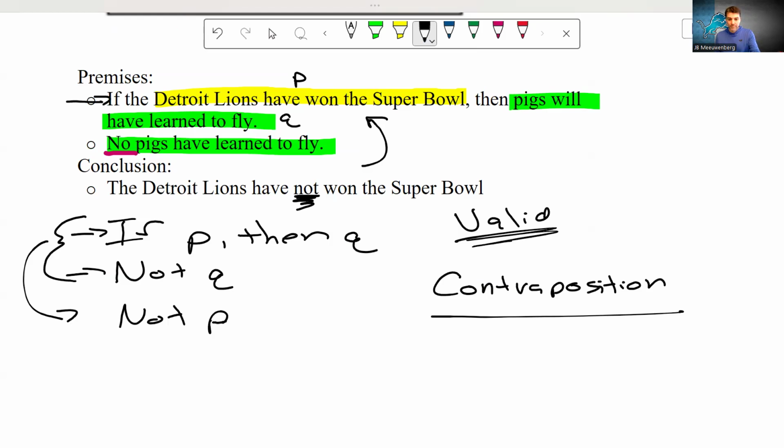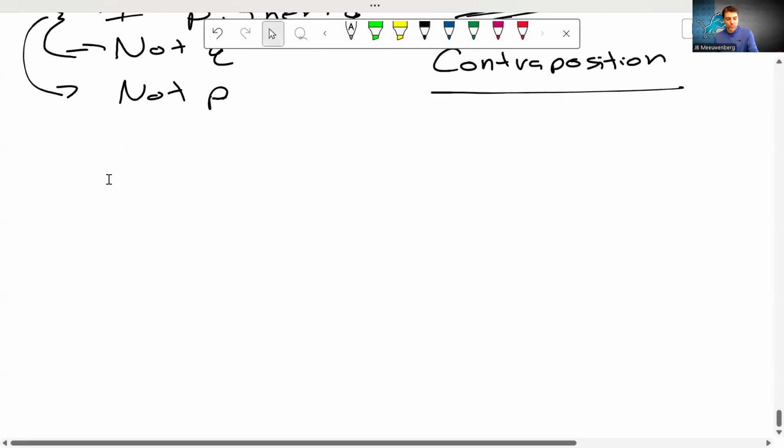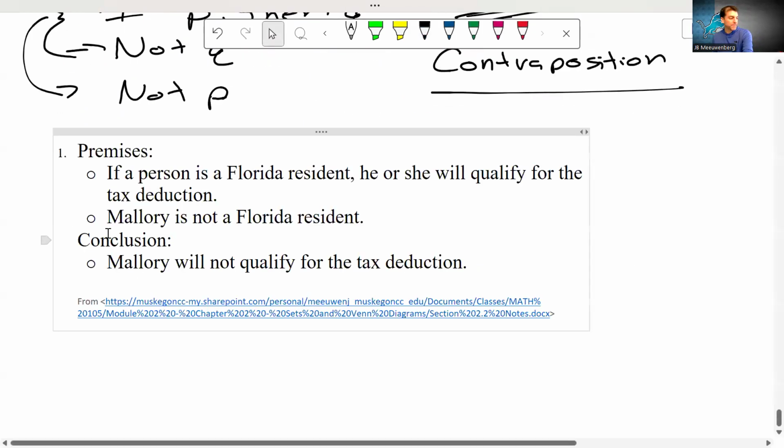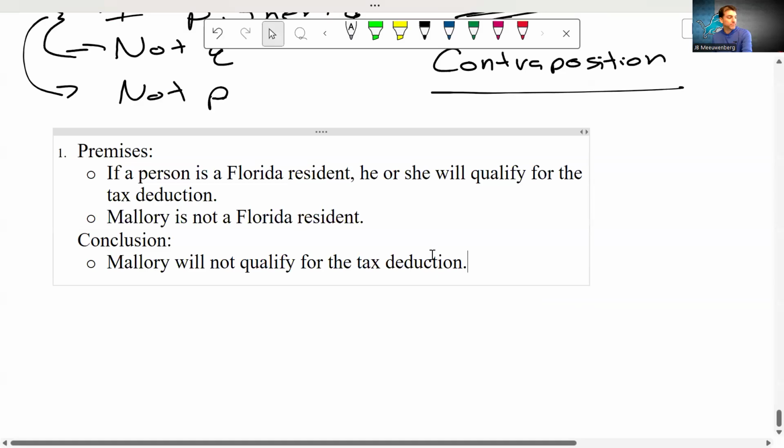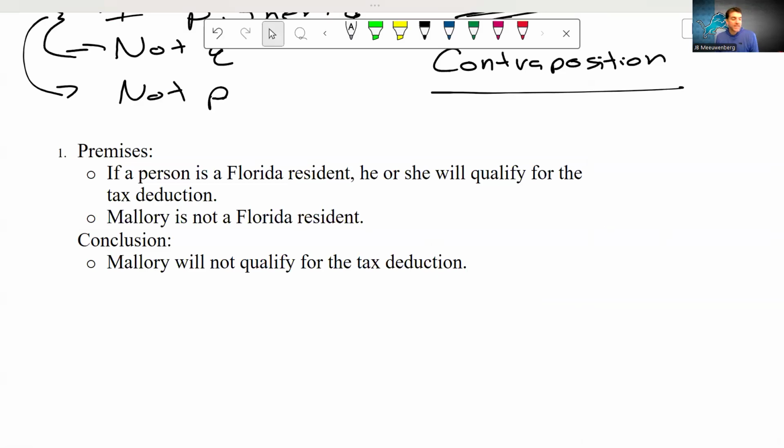And finally, your last one. Again, pause the video once I get this up, read it, try to make sense of it, and try to determine if this is a logical conclusion. So this says, premise one, if a person is a Florida resident, he or she will qualify for the tax deduction.